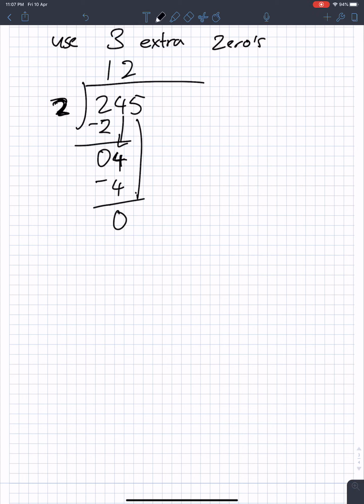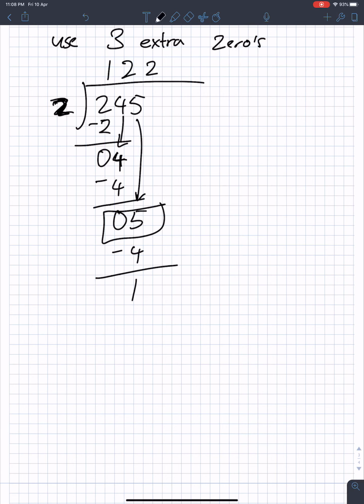Drop down 5, and you say your 2 times table until you get a number closest to 5. So again, that would be 2, 4, 6. 3 times 2 is too big, so you use 2 times 2. So 2 times 2 is 4. Okay, subtract 4 from 5, and you're left with 1.